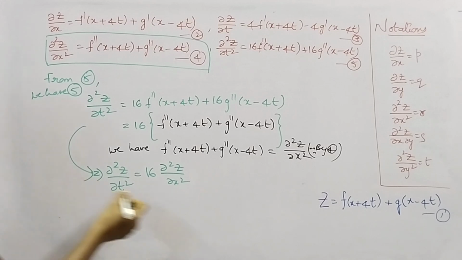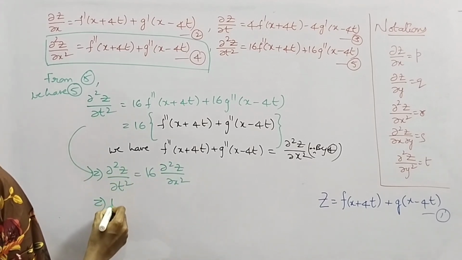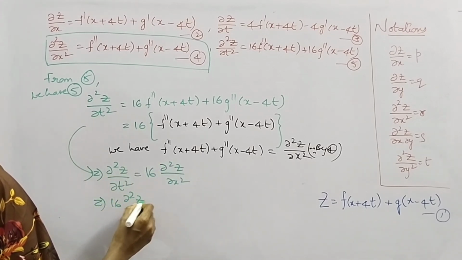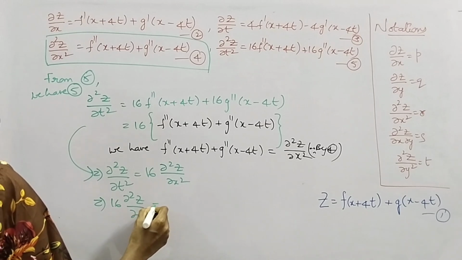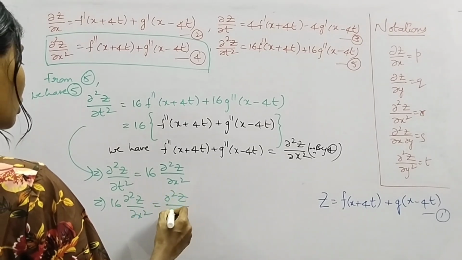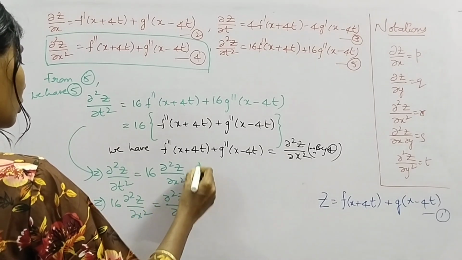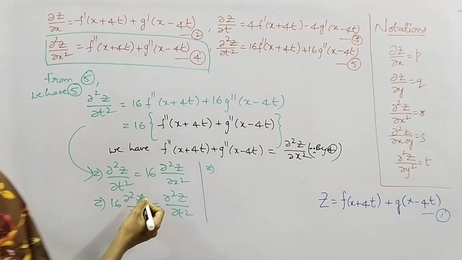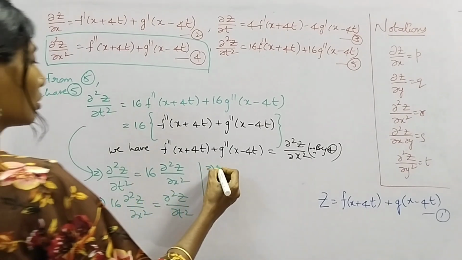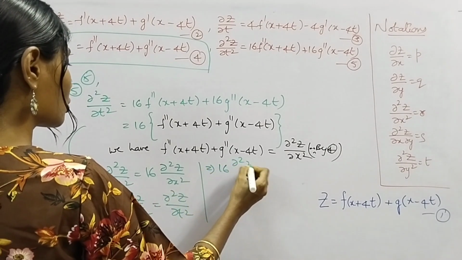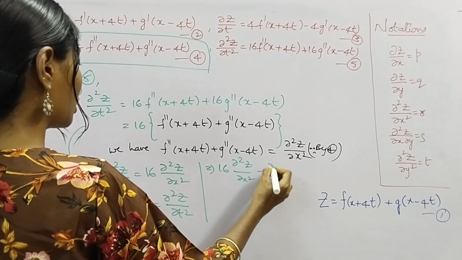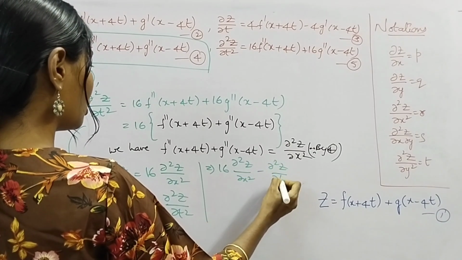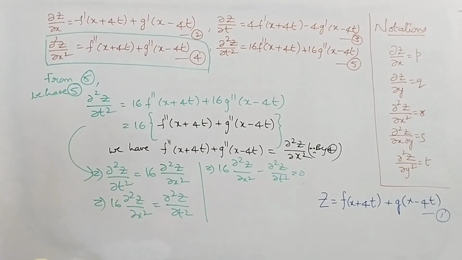We can write this equation as 16 into dou square z by dou x square equal to dou square z by dou t square, right? Now bring this to the LHS, and you'll get 16 into dou square z by dou x square minus dou square z by dou t square equal to 0, which is the required partial differential equation.